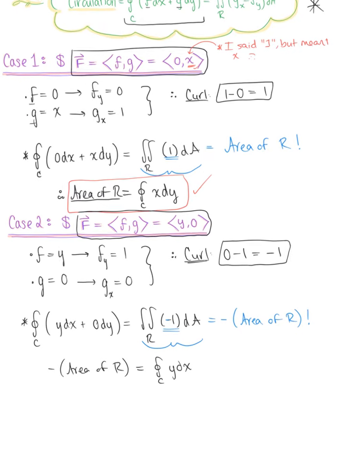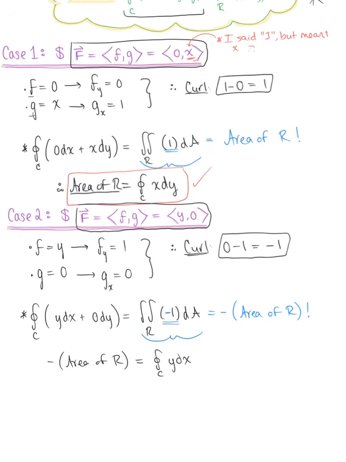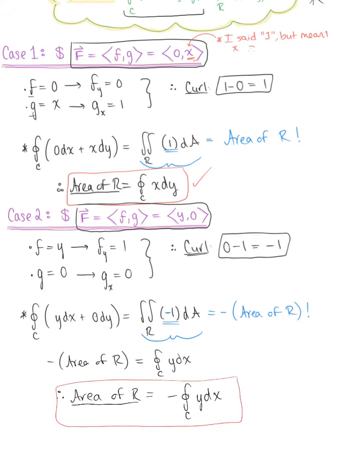But of course, we don't want a negative area, so we multiply both sides by negative 1. Therefore the area of R by Green's theorem is equal to minus the vector line integral over the closed curve C of y dx. And so we have attained a second vector line integral by Green's theorem for the area.